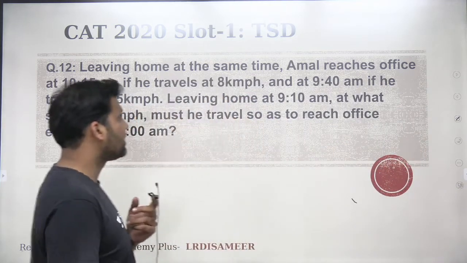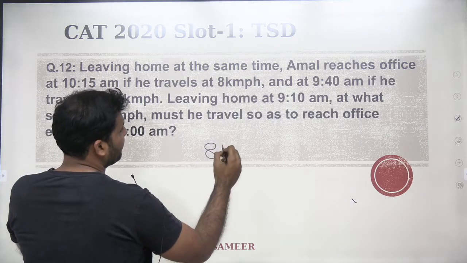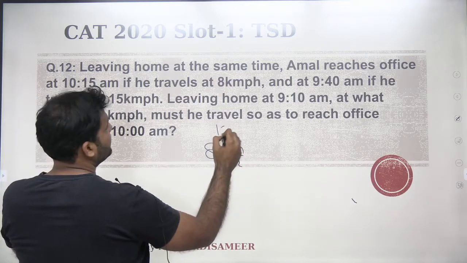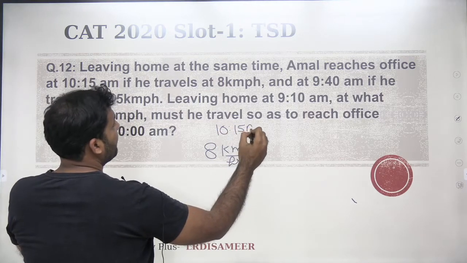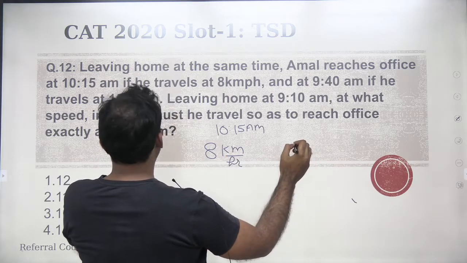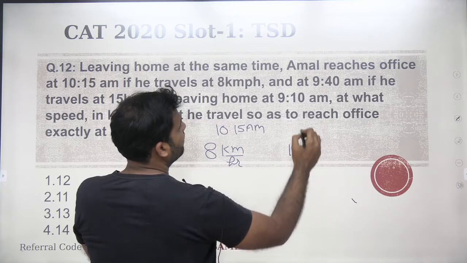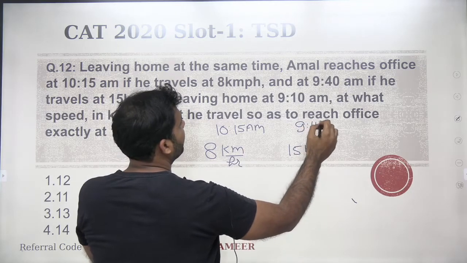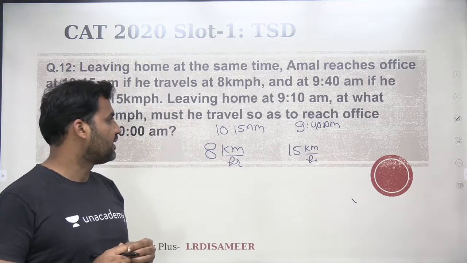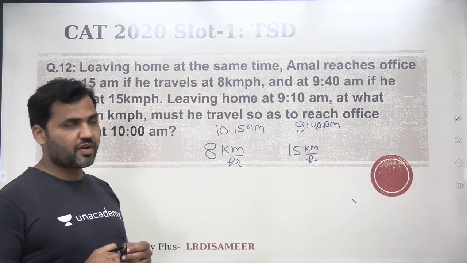So there are two conditions given to us, that at speed of 8 km per hour, Amal will reach the office at 10:15 a.m. And if he increases his speed to 15 km per hour, he reaches the office at 9:40 a.m. A basic question, a very simple question based on the very basic property of time, speed and distance.